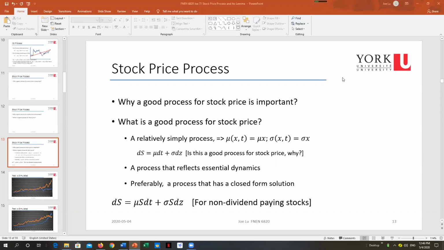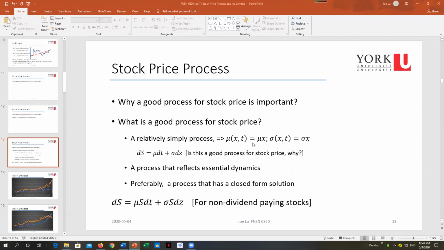For a stock per se, we know the stock prices follow some stochastic process. They're stochastic in some way, i.e., they're not totally predictable, not totally deterministic. So we can utilize the Itô process to model that.